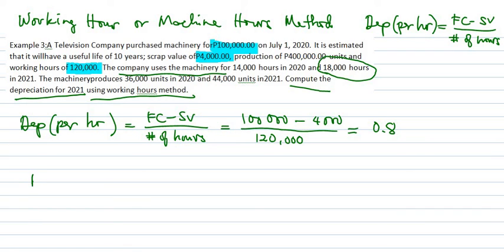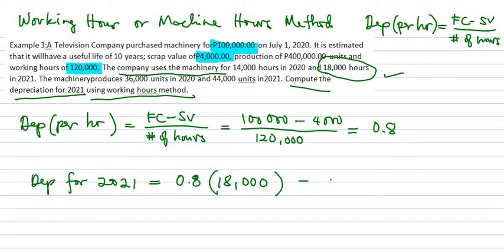The depreciation for 2021 is the depreciation per hour, 0.8, multiplied by 18,000 hours. So 0.8 times 18,000 is equivalent to 14,400. That is the depreciation for 2021.